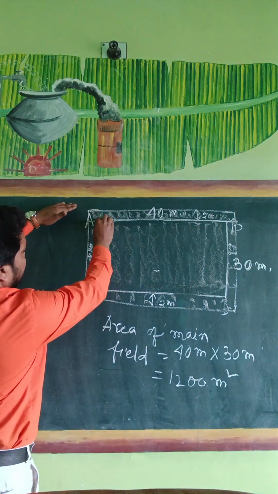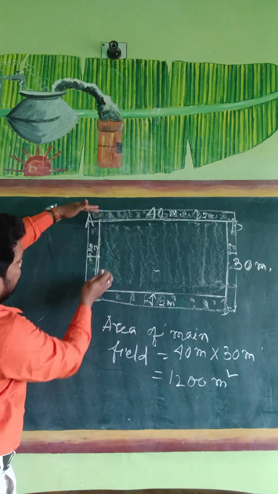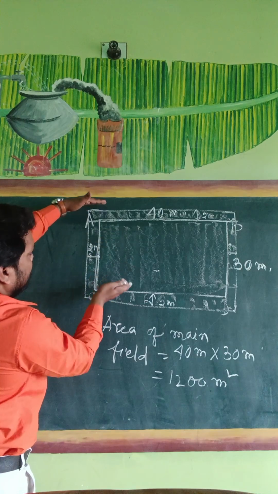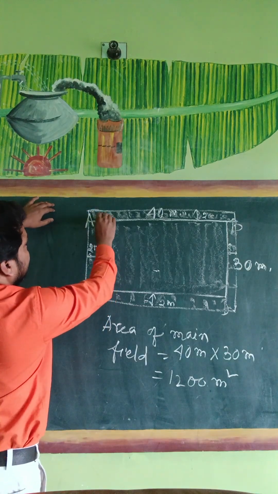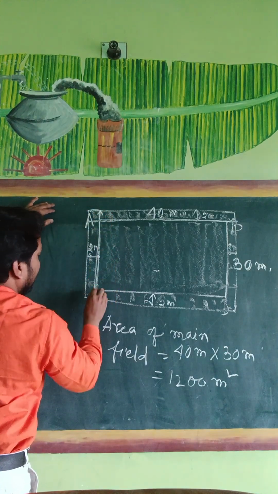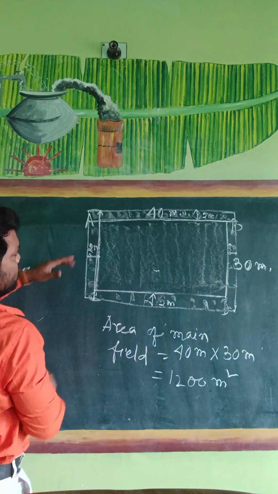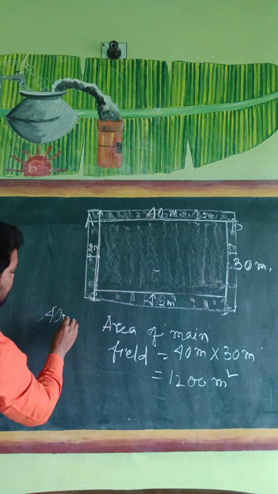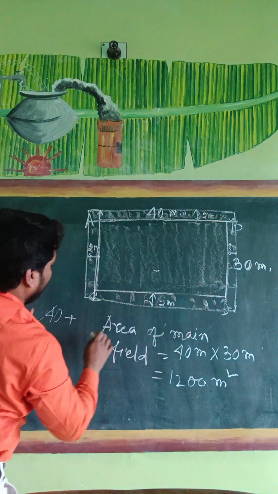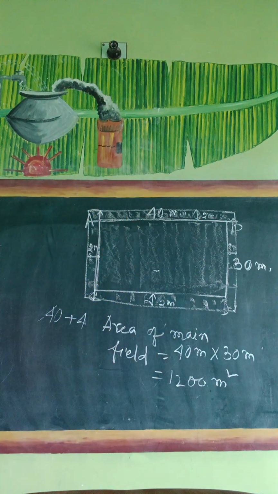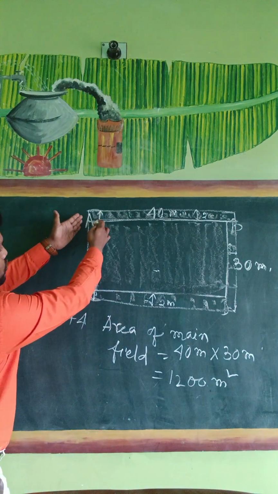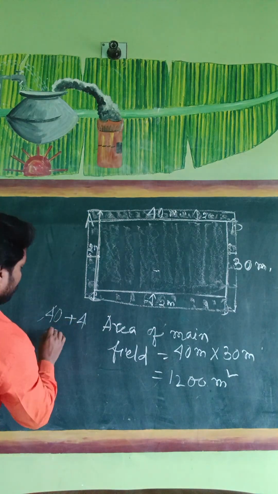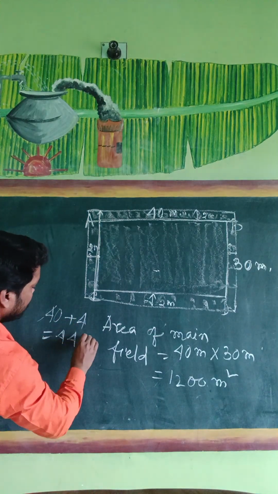Similarly, the breadth was 30 meter, and when the path goes outside the field, it also increases by 2 meter on this side and 2 meter on that side. So the length was 40 meter, but including the path, the length increases by 4 meter, 2 meter and 2 meter. So the length will be 44 meter.